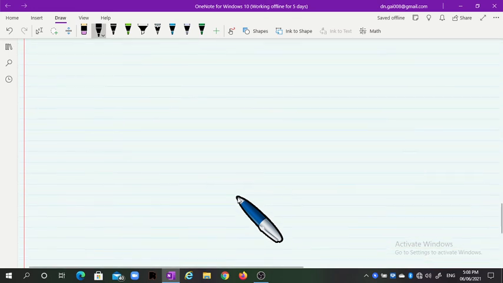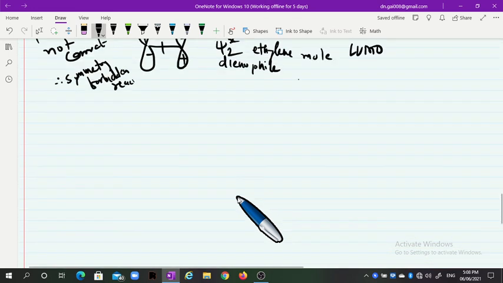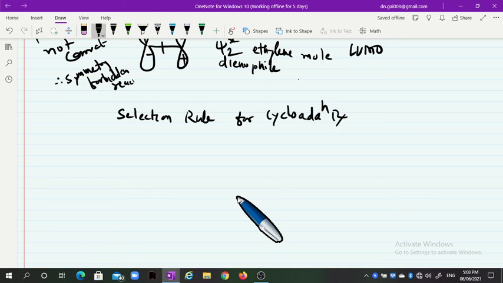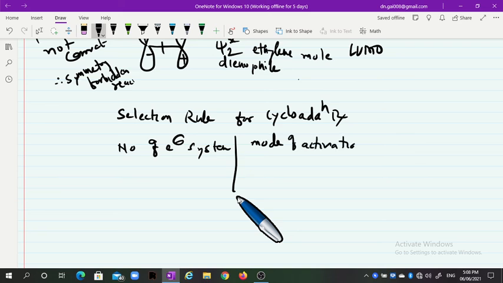From this we have derived the selection rule for cycloaddition reactions: the number of electrons in the system, then the mode of activation, then the allowed stereochemistry.